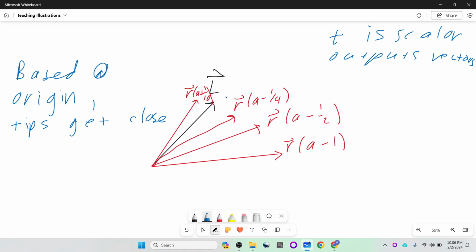In fact, what we can do is draw a ball around the L, and we will say the outputs, these vectors we get, will end up inside the ball. And we can even say the radius of the ball is epsilon. So we're saying two vectors, u and v, are close when their tips are close.